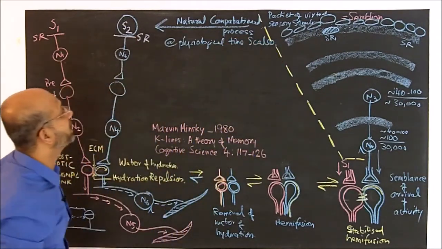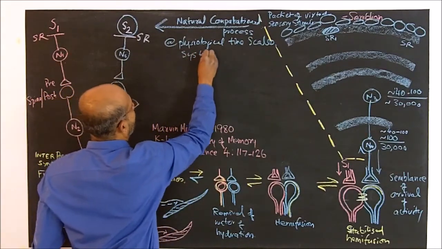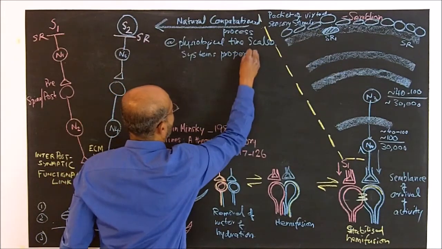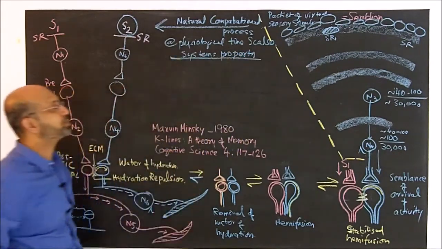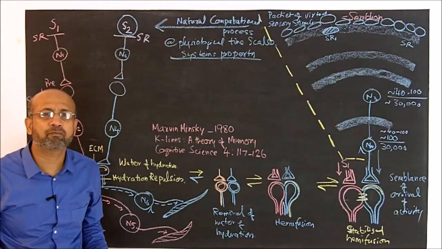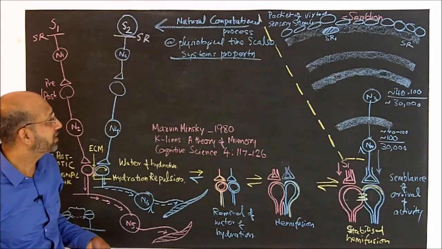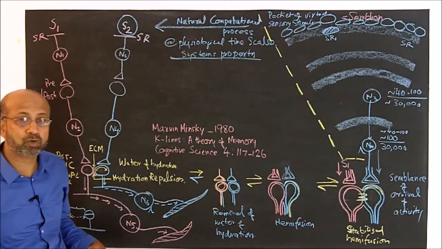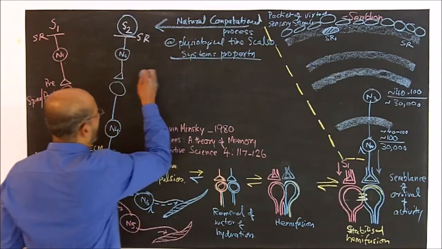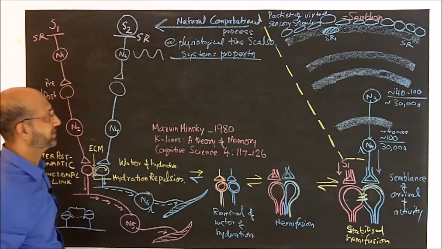So this is going to be a systems property. A systems property of what type of systems? Systems where, when we put electrodes at the extracellular matrix space, there are oscillating potentials at the extracellular matrix space.